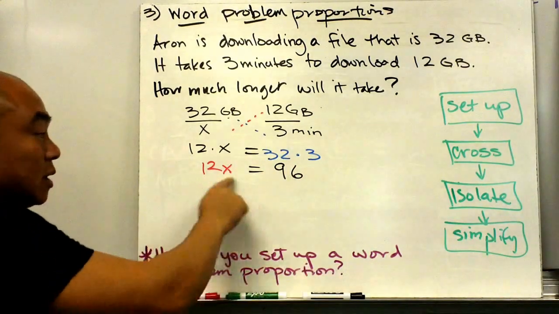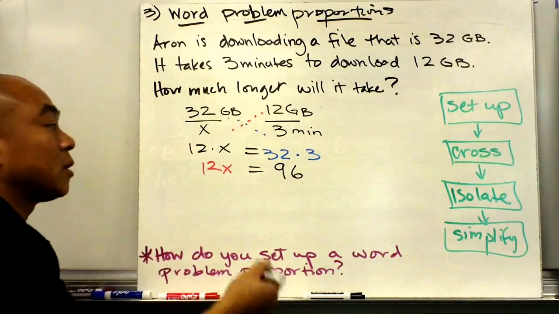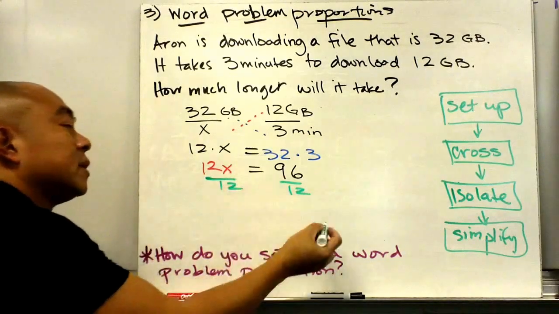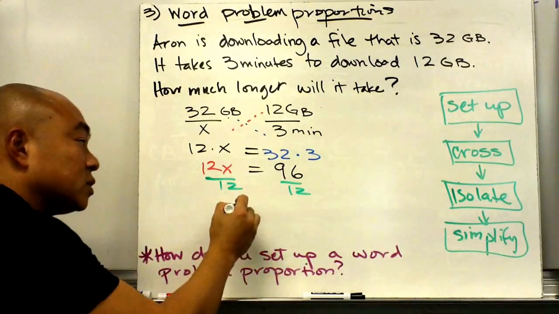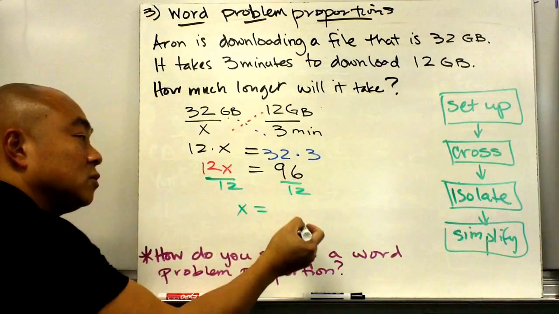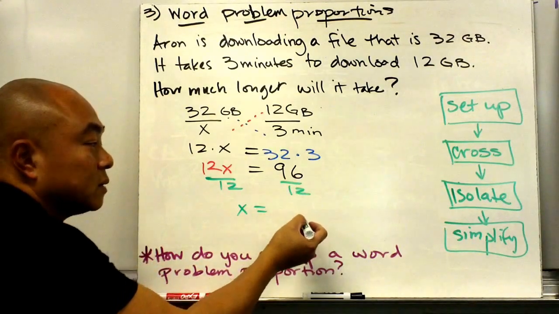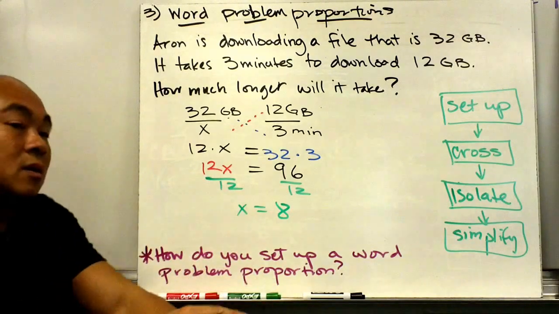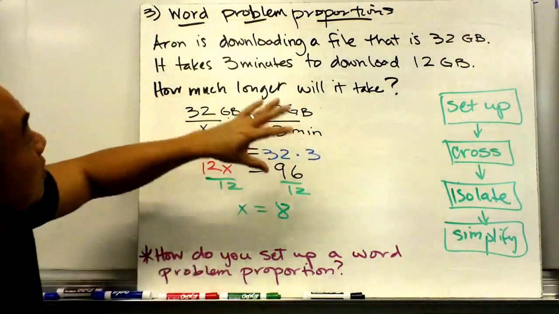And then we're going to go ahead and simplify this part. We're going to isolate. Divide by 12. Divide by 12. Our answer is going to be x is equal to 96 over 12. That's 8.